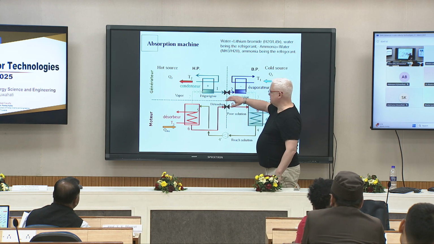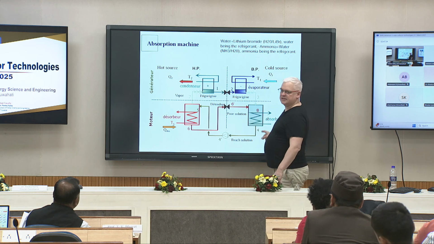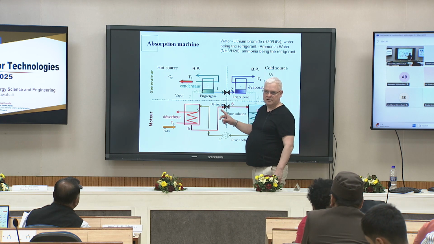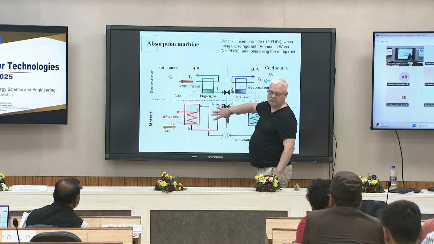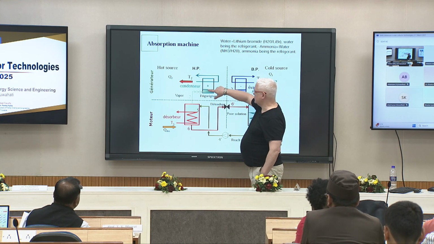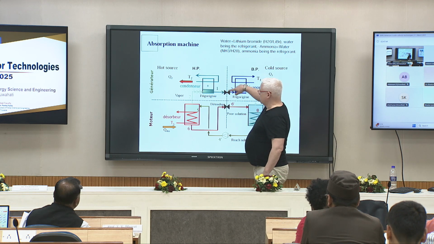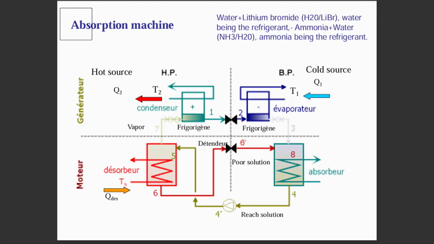Usually in a classical cooling heat pump, this is the compressor: condenser, expansion valve, evaporator, and then you have the compressor, and it runs like this.